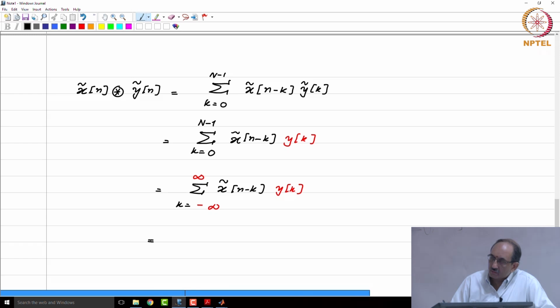and this has the form of linear convolution, except that this is the linear convolution of what? x tilde of n convolved linearly with y of n, right?